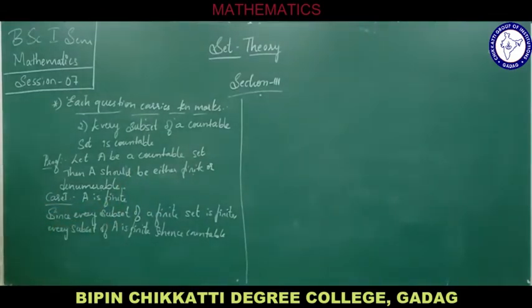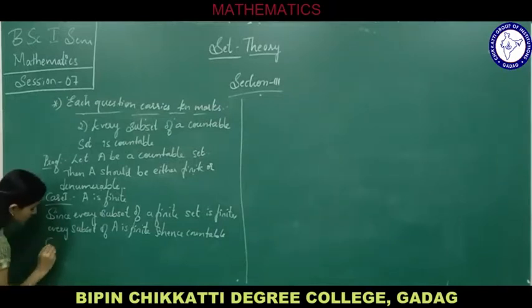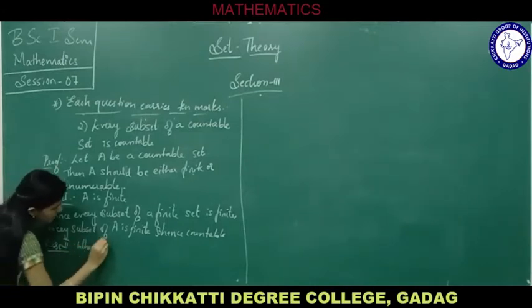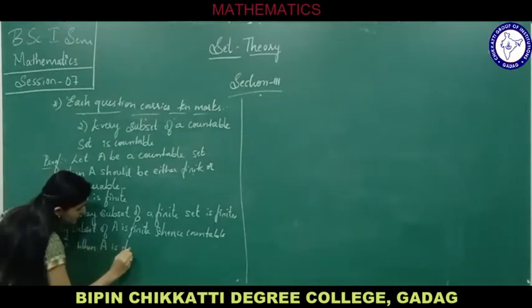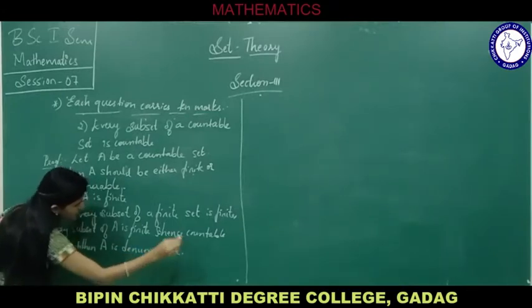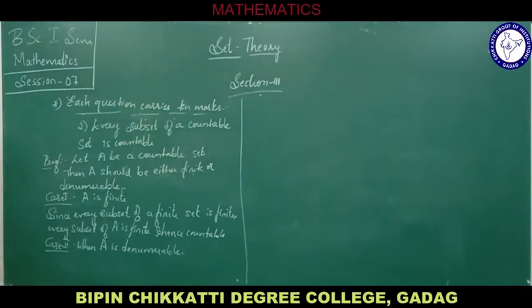Case 2, when A is denumerable. What happens if A is denumerable?